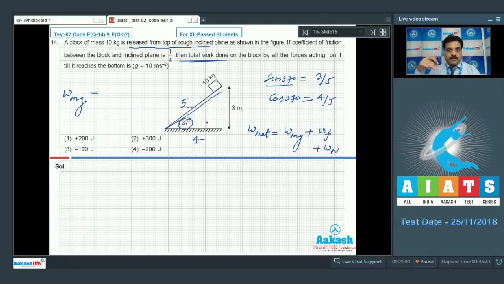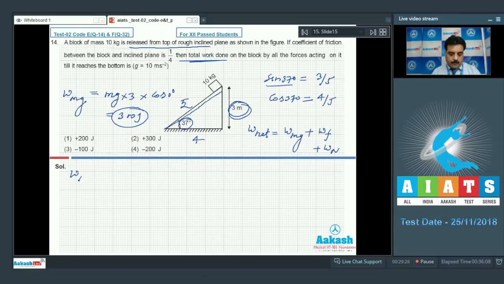In the case of weight, weight acts downward, and you can take the displacement as 3 for this case. So you have to be very careful. I will write mg is the force, 3 is the displacement, and cos 0, because the direction of force mg and displacement are in the same direction. So when you solve, you will get 300 joule. This is the work done by weight.